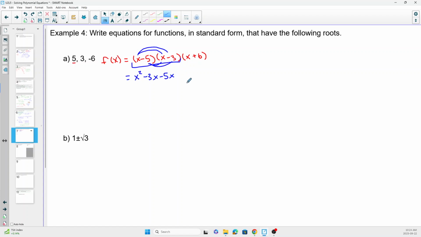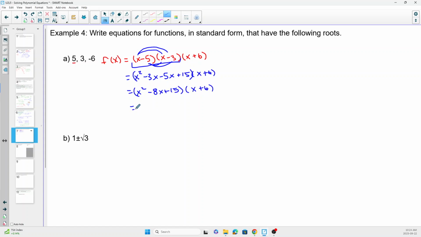And then I have negative 5 times negative 3, which is positive 15. And this is all going to have to be multiplied by x plus 6. So let's clean this up a bit. x squared, negative 3x minus 5x is negative 8x, plus 15. And this has to be multiplied by x plus 6.